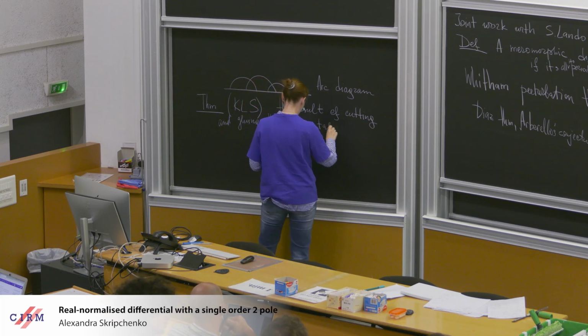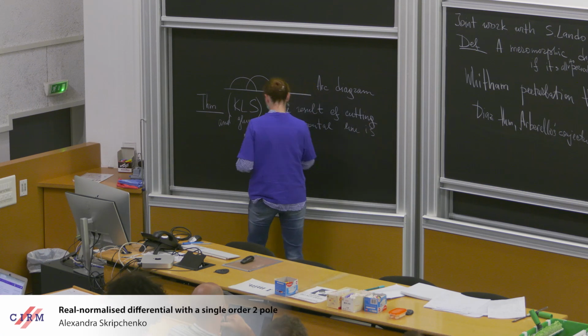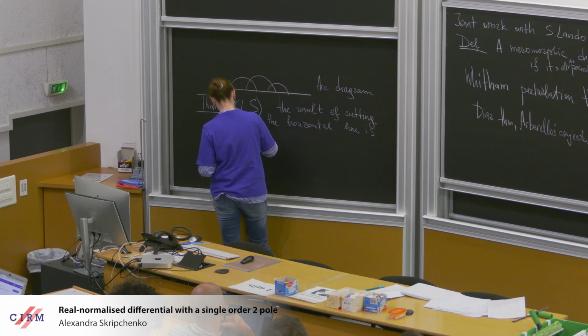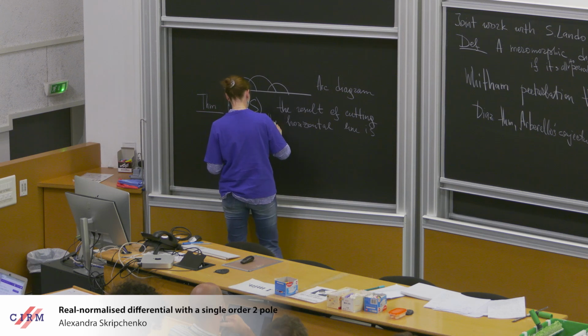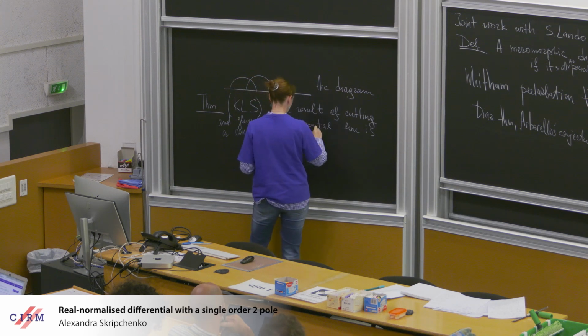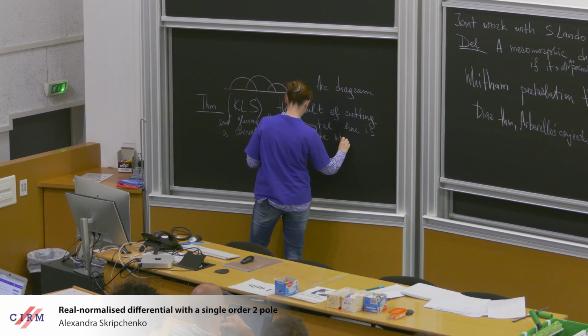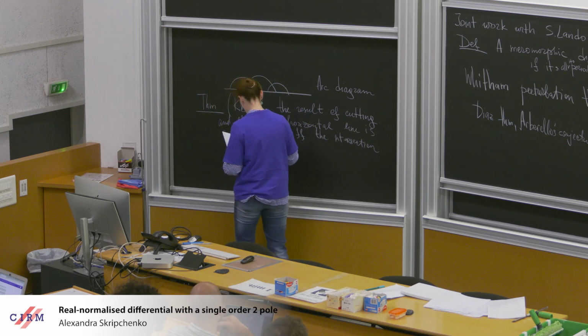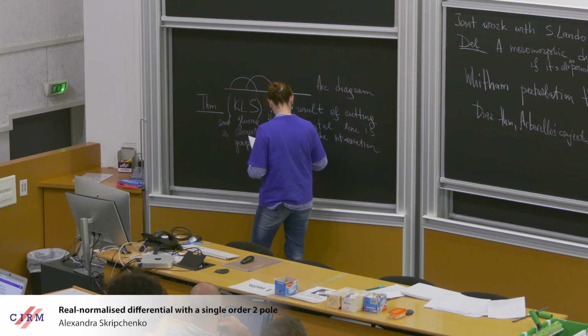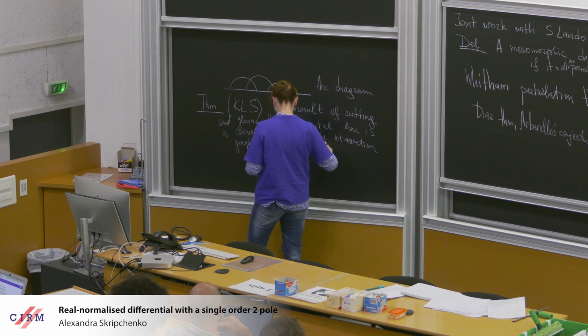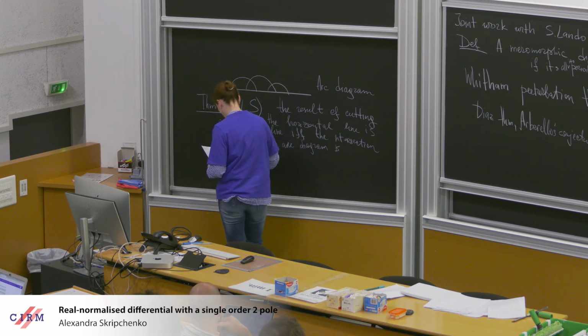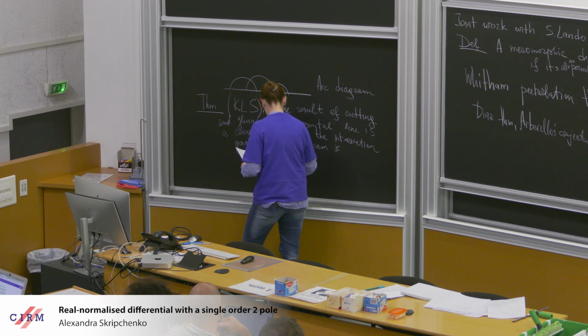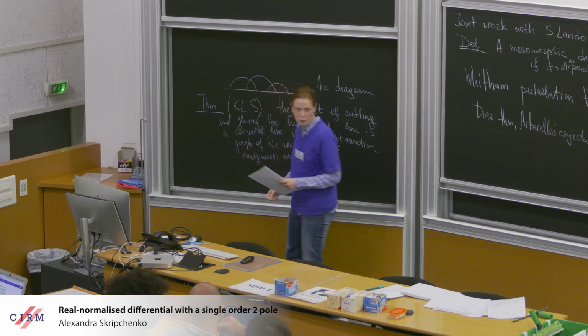The horizontal line, the connected line, if the intersection graph of the arc diagram is non-degenerate over F2. So first, let me explain why we care.